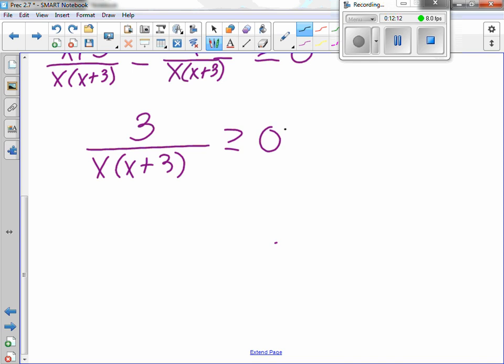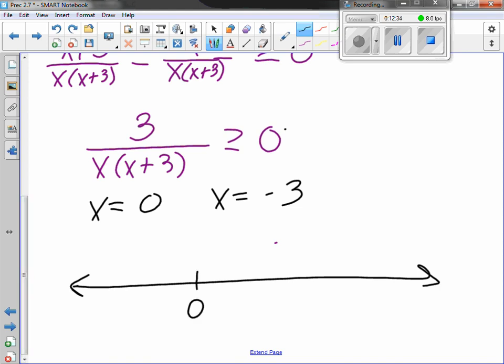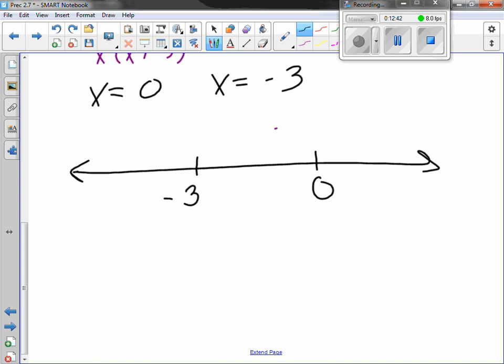On the denominator, well, x could be negative 3, because if it's negative 3, the x inside the parentheses would make the whole thing 0. If x is 0, well, the whole thing is 0, yes? No, let's get this right. Negative 3 and 0.